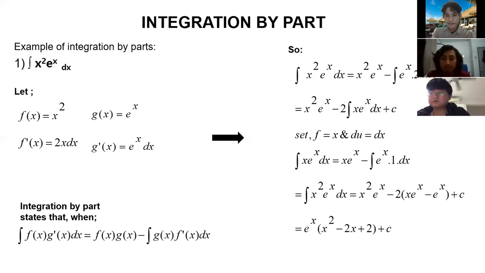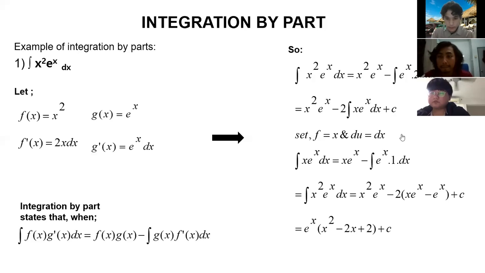And then set u equal to x and dv equal to e to the power x dx. So here the integral of x e to the power x dx equals x e to the power x minus the integral of e to the power x times 1 dx.